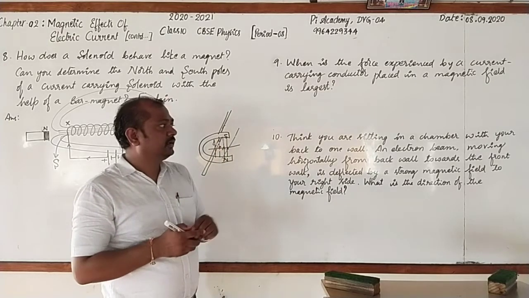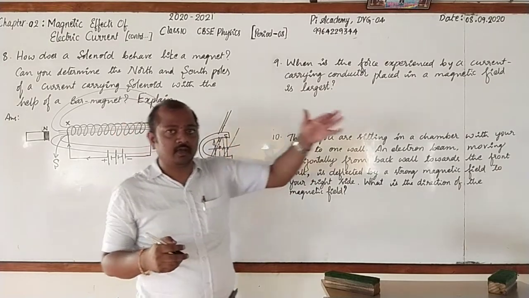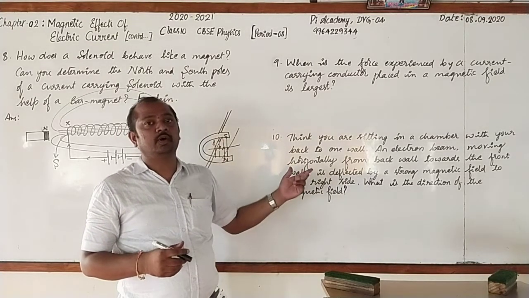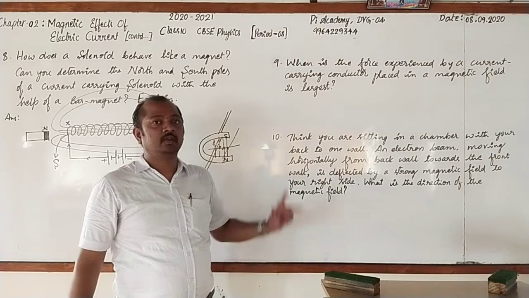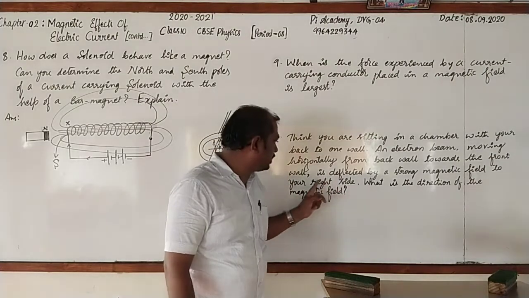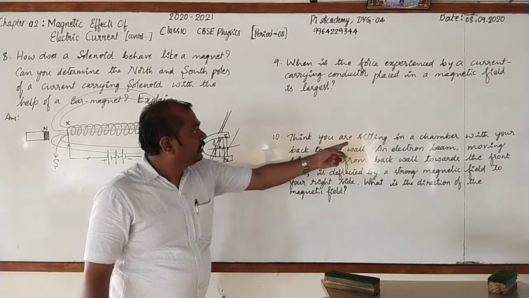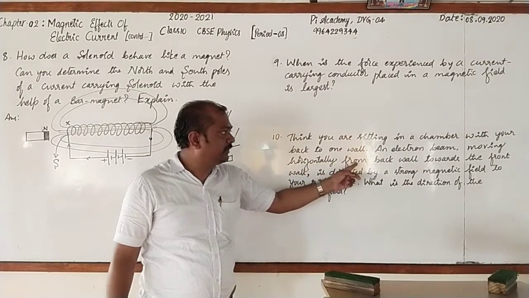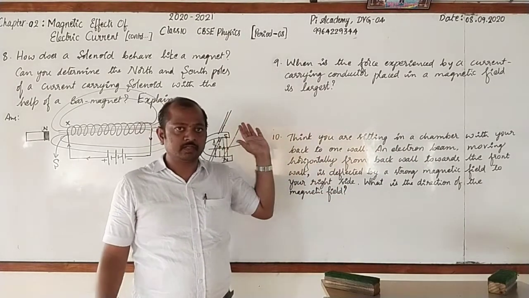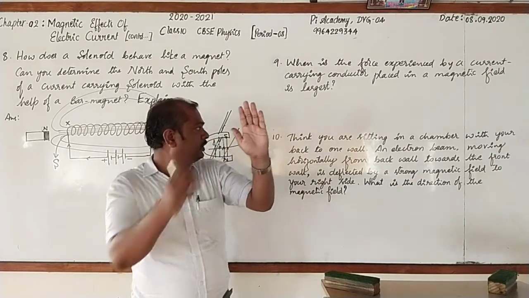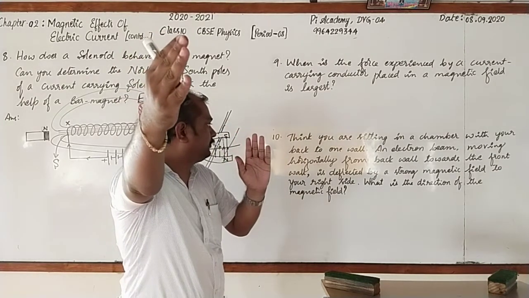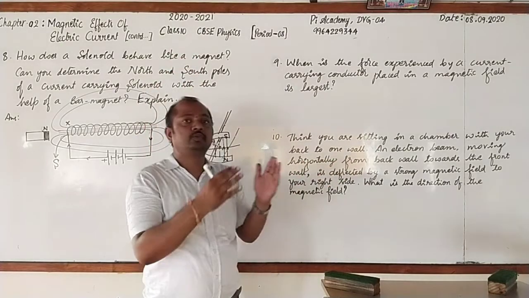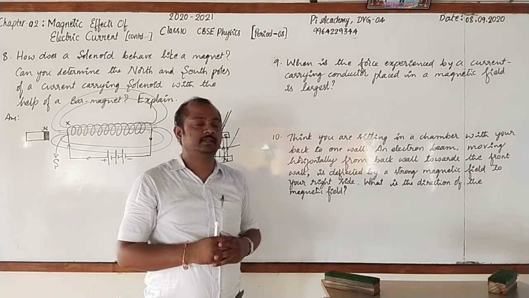Yes, here the current is not being produced, current is already there, hence we have to use Fleming's left hand rule to understand this. Look here, an electron beam moving horizontally from back wall to the front wall is deflected by the strong magnetic field to your right side.